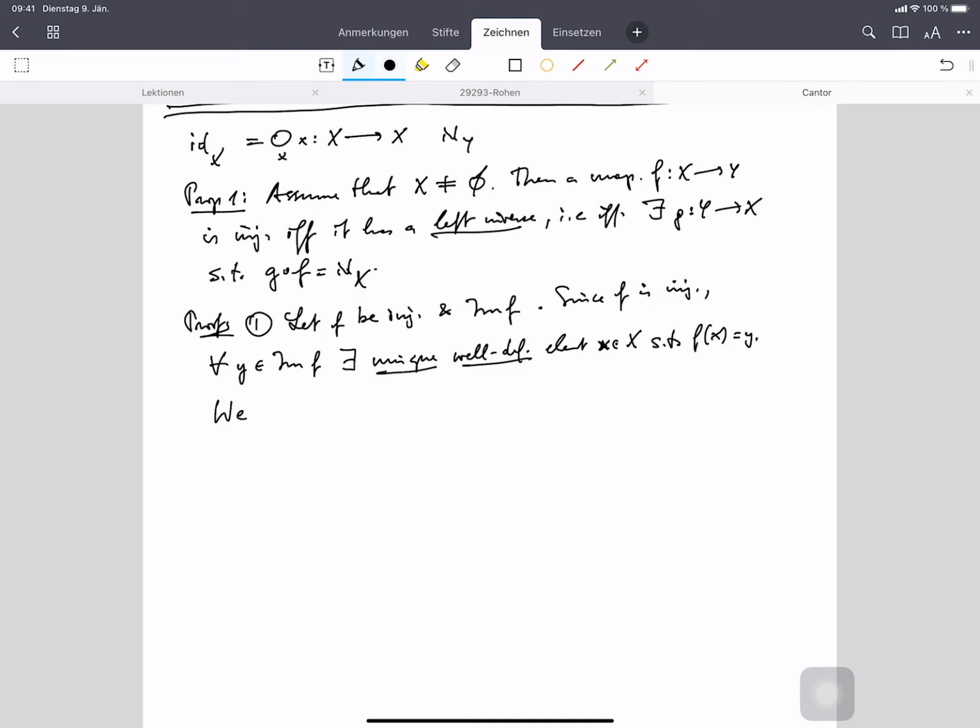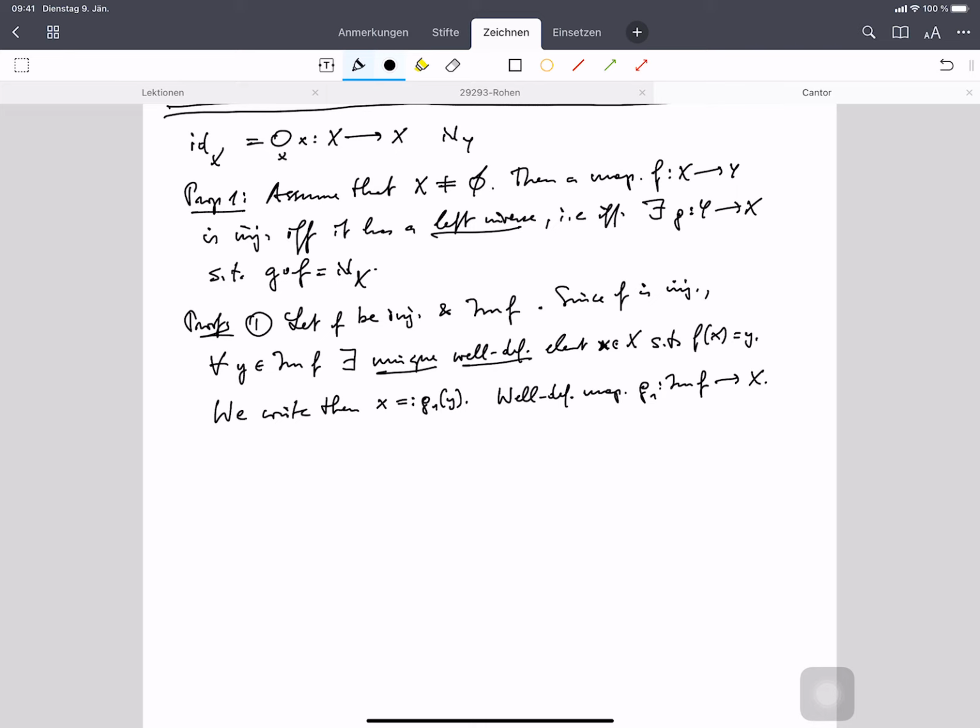We write then x equals g1 of y. This gives a well-defined mapping g1 from the image to X.